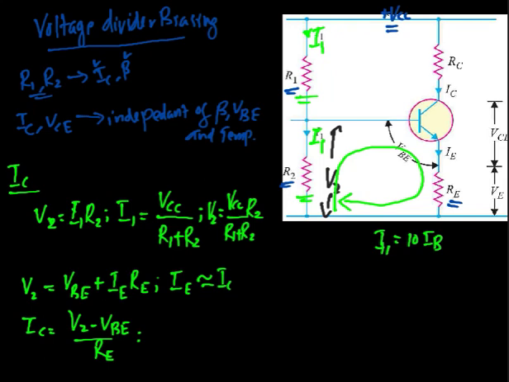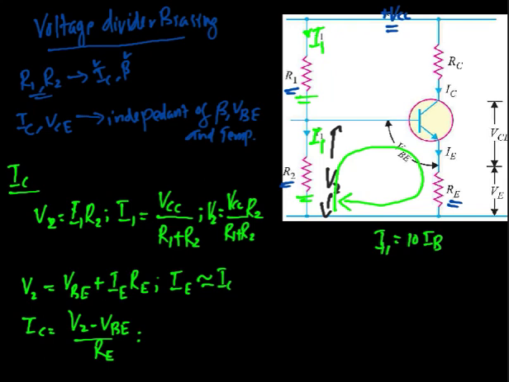So for a particular circuit, VCC, R1 and R2 are constant, so V2 is constant for a particular designed circuit. RE is also the resistance connected in the emitter circuit, so it is also constant.